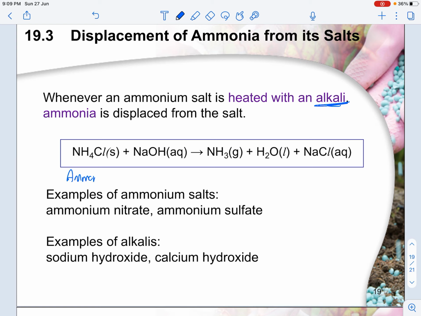So this is ammonium chloride. So you would see they will form your sodium chloride, where these will be displaced with this. And your NH4 will be used to form your NH3 as well as the water. Okay, so that's the displacement reaction.